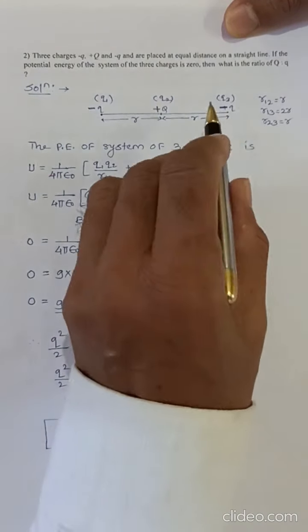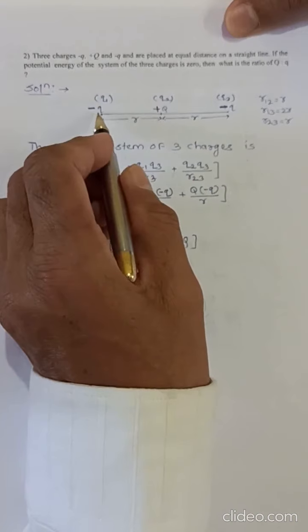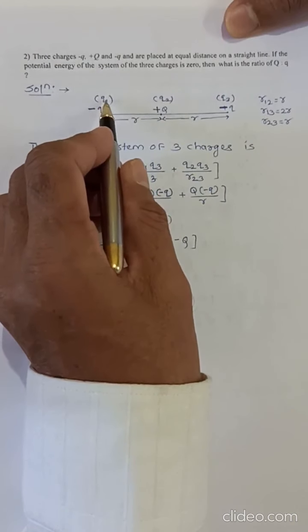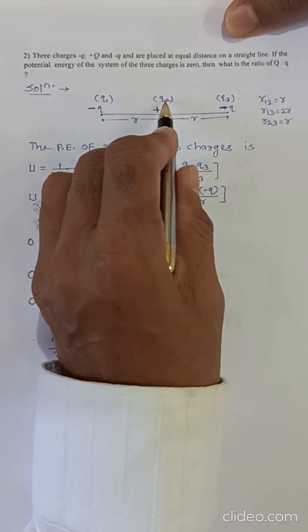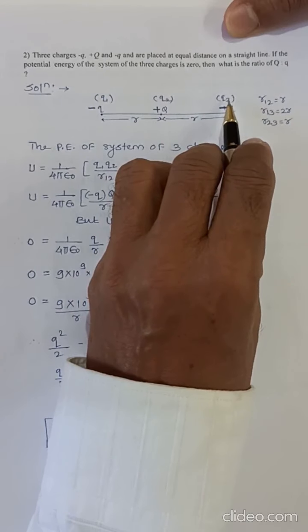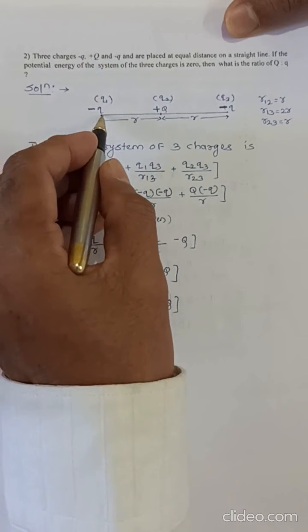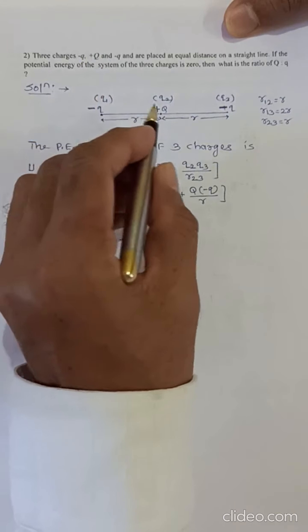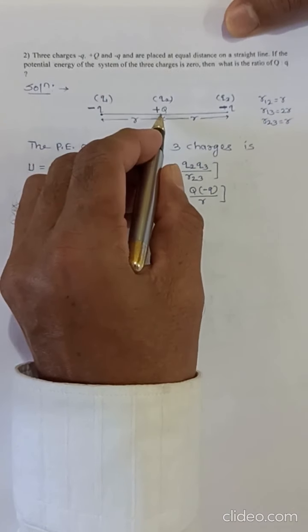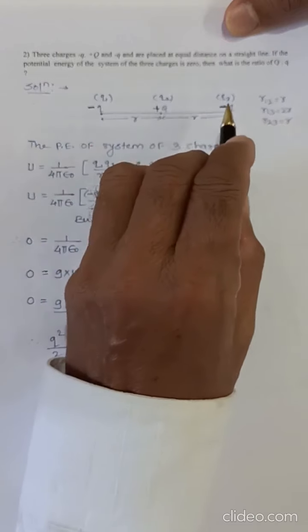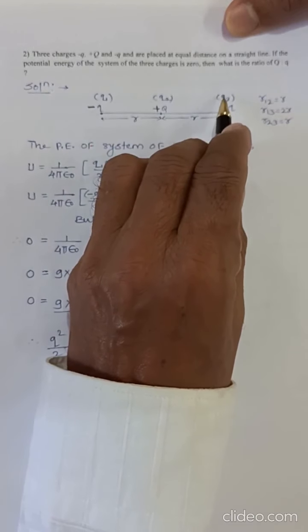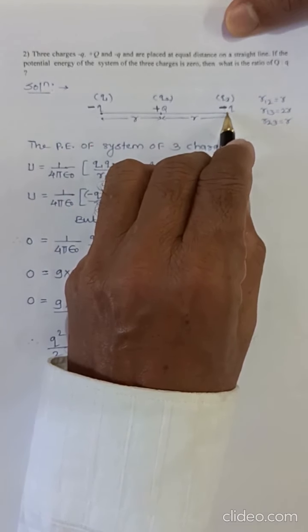Now here this is the straight line. Suppose this is the charge Q1, here is the charge Q2 and here is charge Q3. Minus Q is kept at this point, plus Q is at the center and again minus Q is placed at the charge Q3.